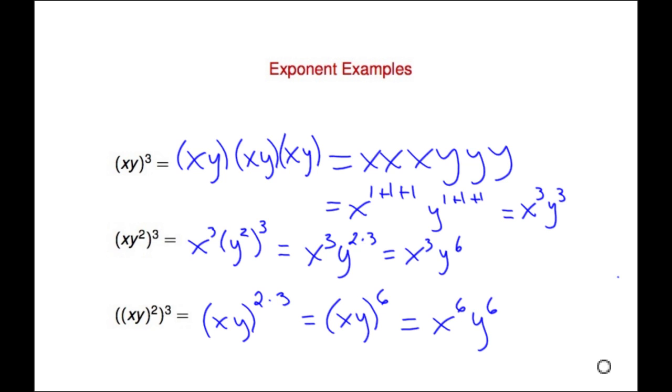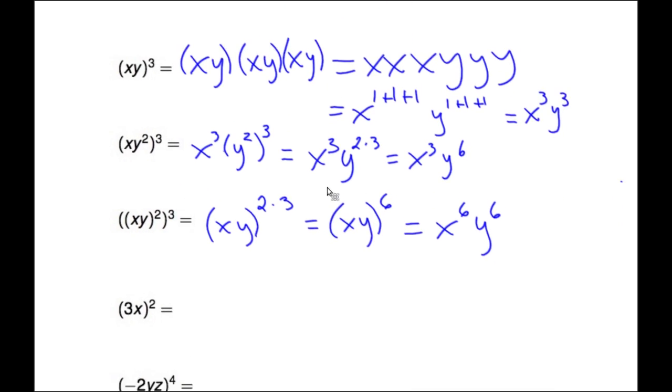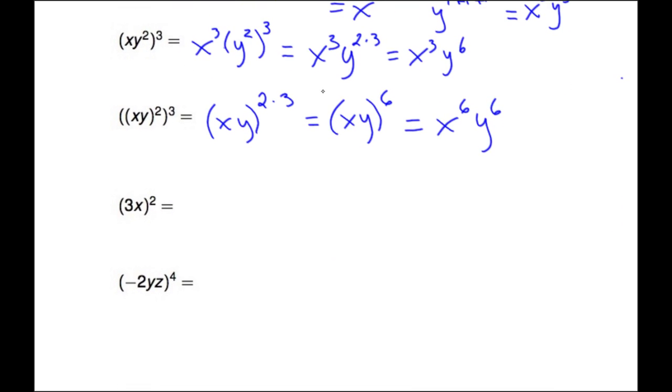So now let's look at a couple more examples. The first is 3 times x being squared. So that's 3 times x all squared. Don't let the constant in the base trip you up. You want to treat this just like you've treated the other ones. So if this was an x times y being squared, we would square the x and square the y.